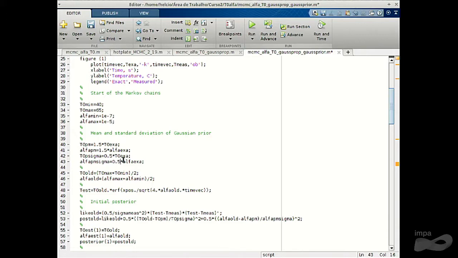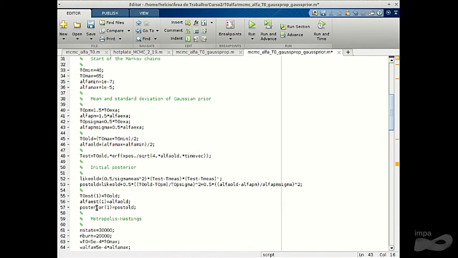The difference now is that we compute the likelihood, and for the posterior, we add the likelihood to the prior. We have a Gaussian prior for T0 and a Gaussian prior for alpha, which are also only represented in terms of the term inside the exponential, okay?